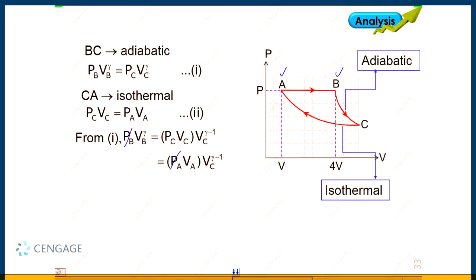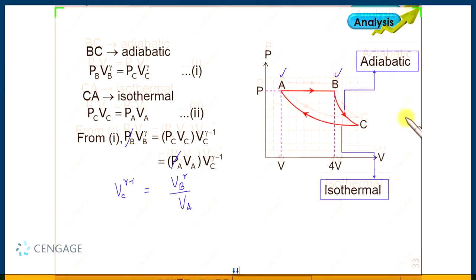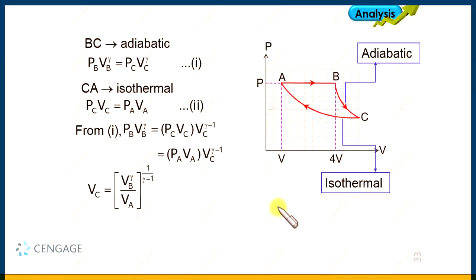Now, we can write this VC to the power gamma minus 1 is equal to VB to the power gamma divided by VA, right. That means, VC can be written as this value overall power 1 divided by gamma minus 1, right, and we know this value is equal to 1.5, that is 3 by 2.